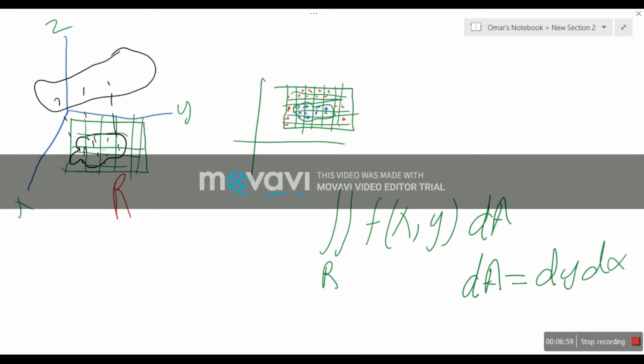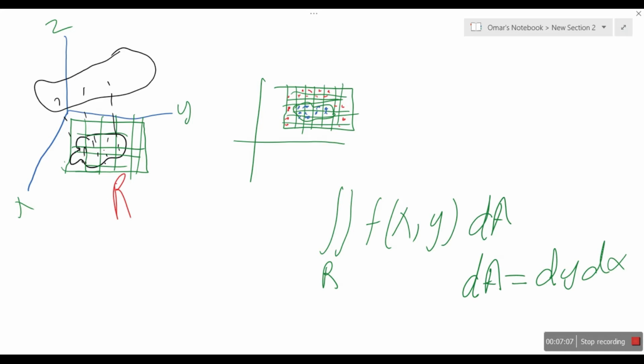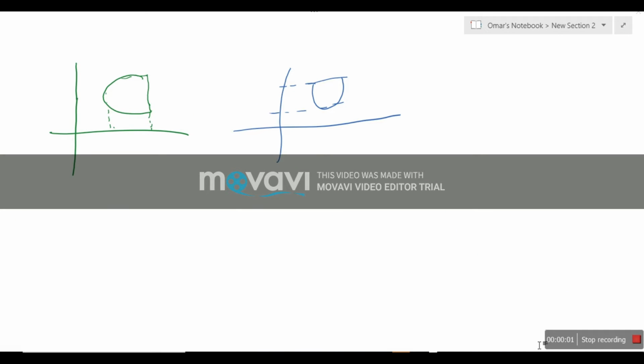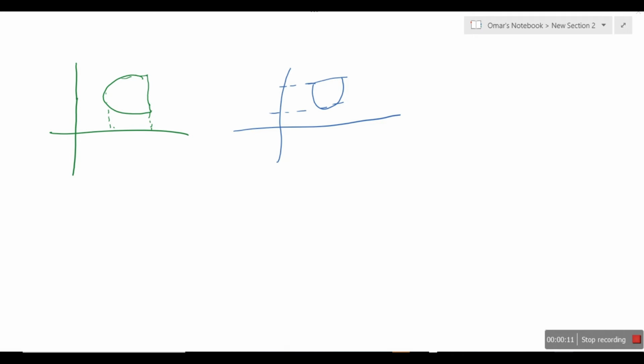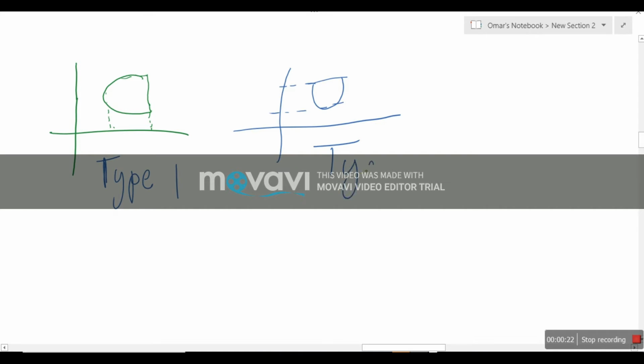Now we're going to see that in our next example, and we're going to go with the types of integrals. So we have two types of regions. This is called type 1, and this is called type 2.